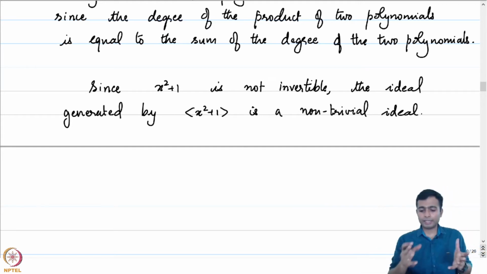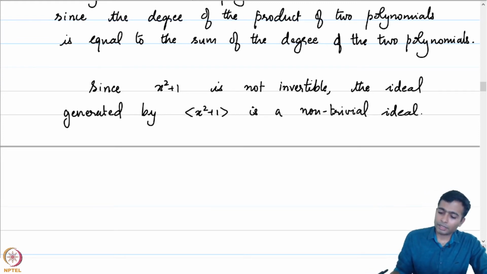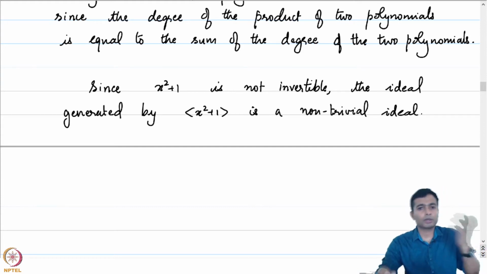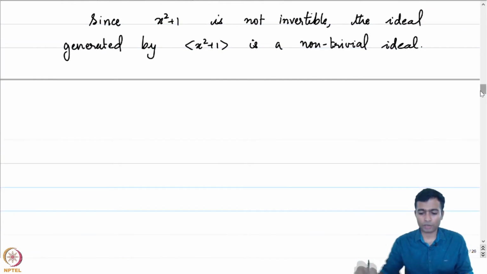Recall that an ideal is a subset which is closed under addition, and if A is an element in the ideal, for any element B in the ring, A times B will be in the ideal. And the ideals are the right objects with which we take quotients in a ring. So what will happen if we take the quotient of R of x by the ideal generated by x square plus 1?